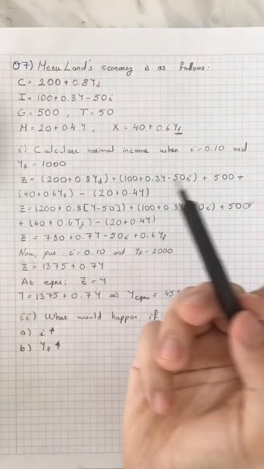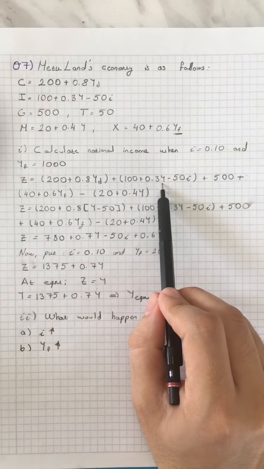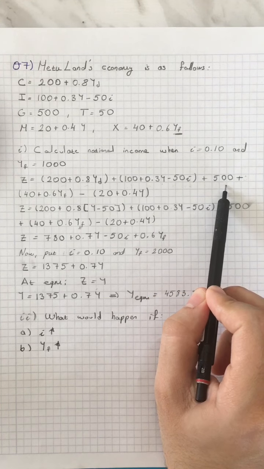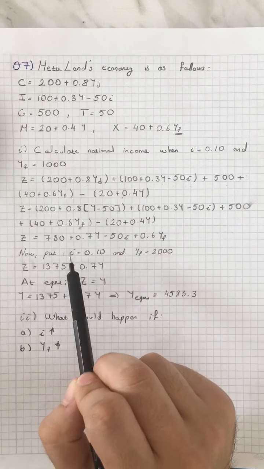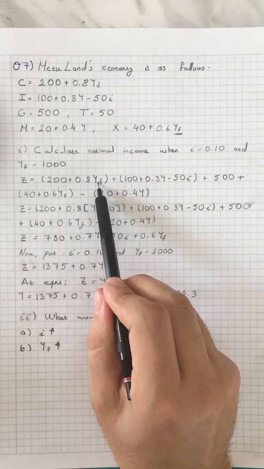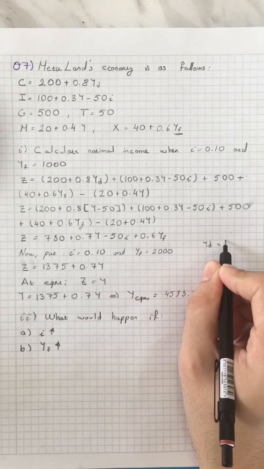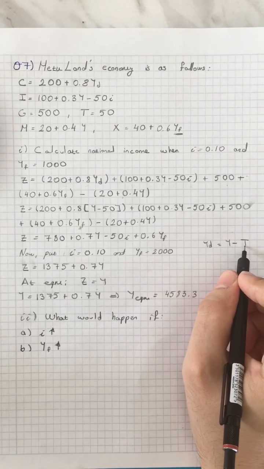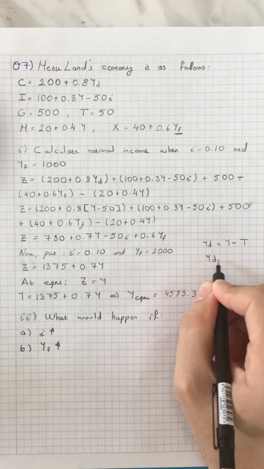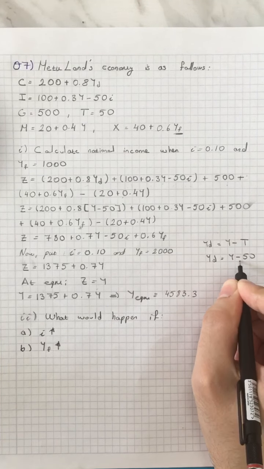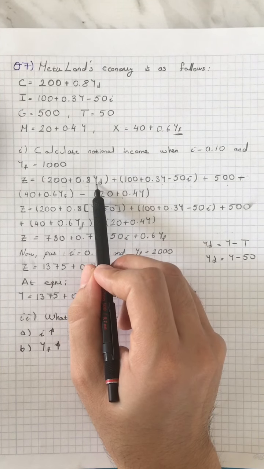So we again write the aggregate expenditure model. This is consumption, this is investment, this is government spending, this is export, and this is imports. We subtract the imports. So we convert YD into the disposable income. Again, remember that disposable income is Y minus taxes. In this case, taxes is just 50. So YD is Y minus 50. So we write Y minus 50 instead of disposable income.